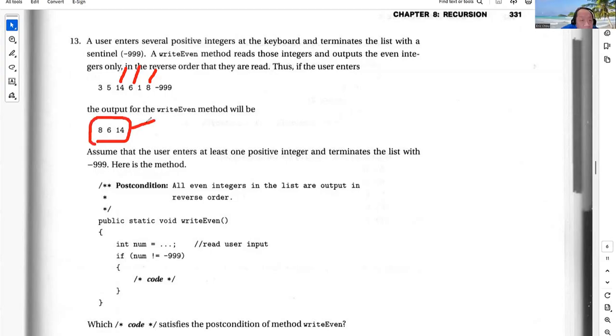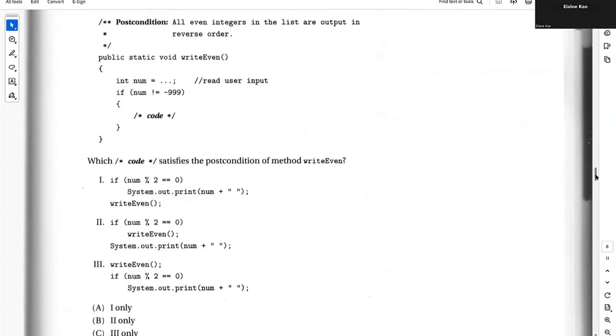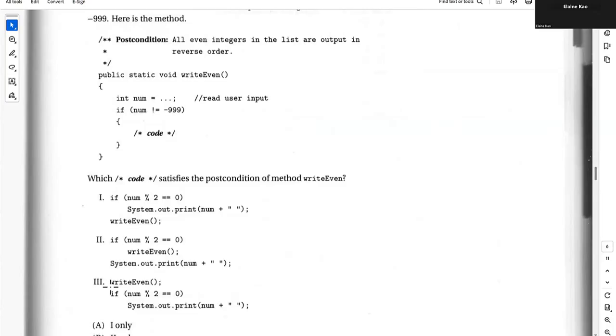If you use English to say it, what would be the result that you get? They have the even numbers in reverse order from the original list. Now you know it actually gets the even numbers but in reverse order. So which one would do the reverse order and then the even numbers?